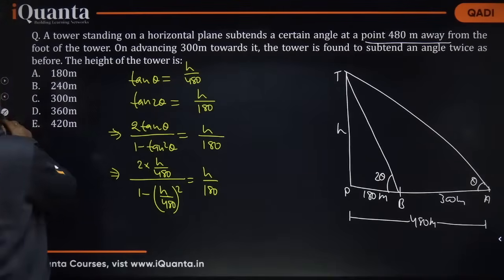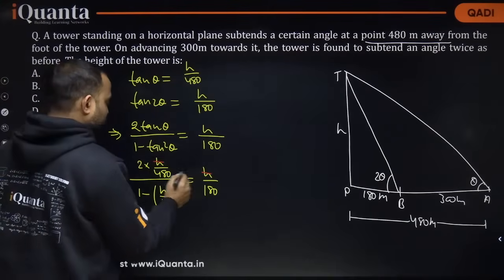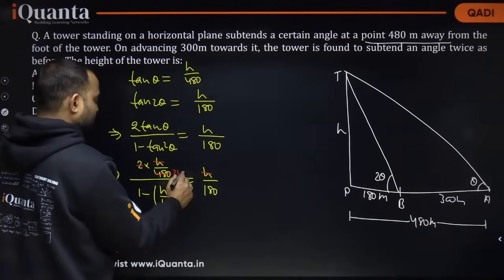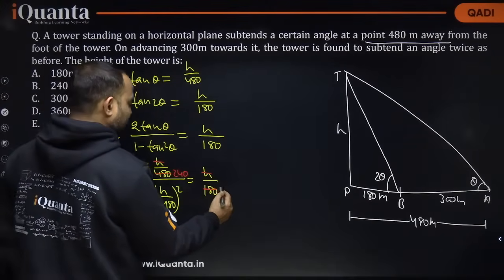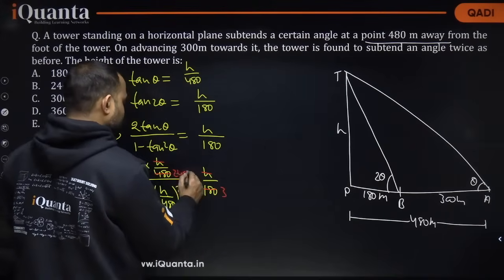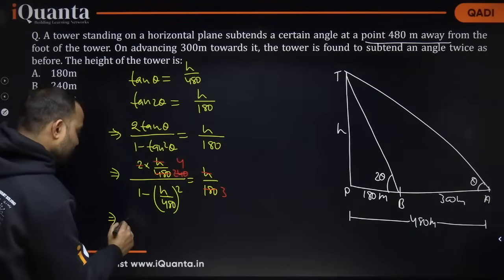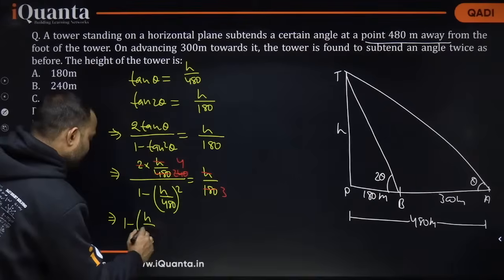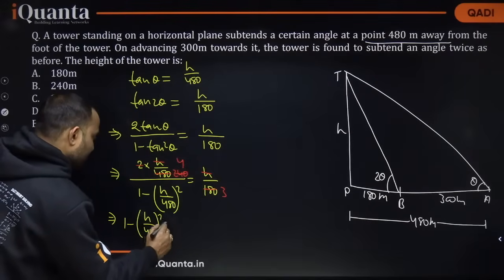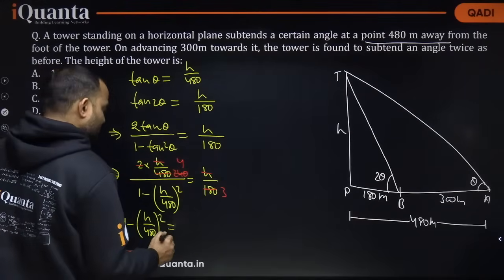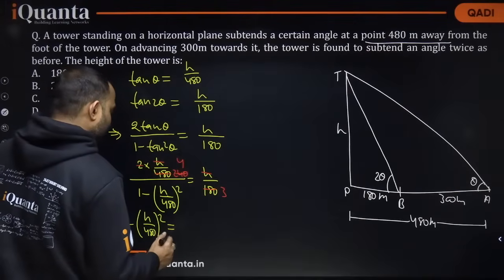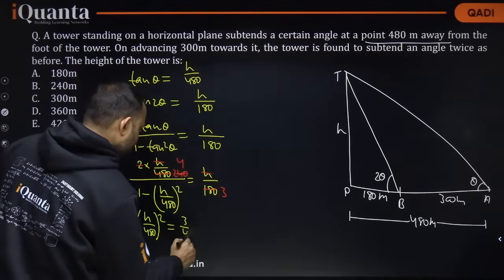right? So now we can cancel out this h. 2 into 240, this is 60 into 3, 60 into 4. So what do we get? We get 1 minus h by 480 square is equal to 3 by 4, right?